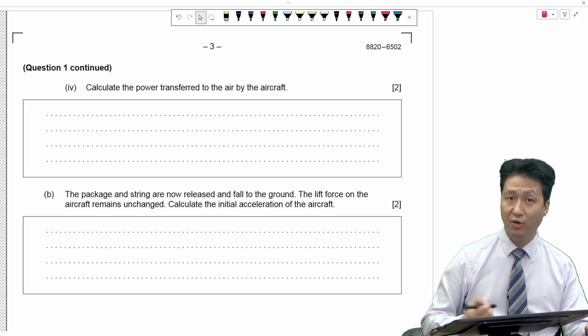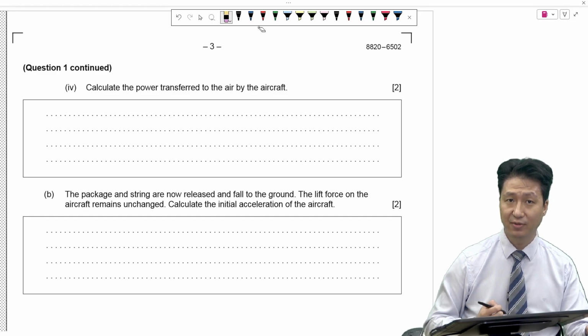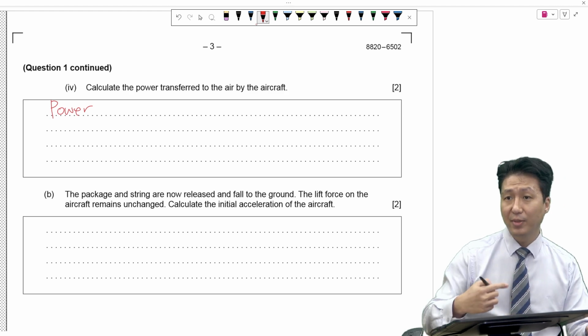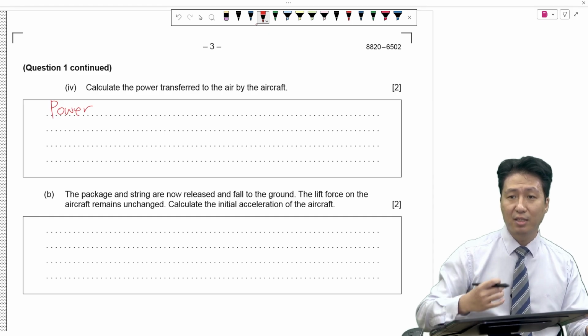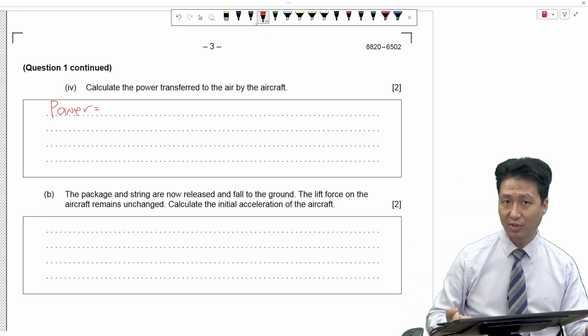In Roman numeral 4 of this question, it says, calculate the power transferred to the air by the aircraft. The power transferred to the air, well, initially the air doesn't have any energy. As the air passes through the blades, it is given kinetic energy.